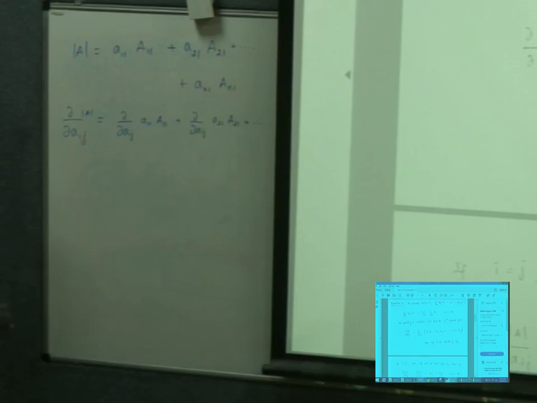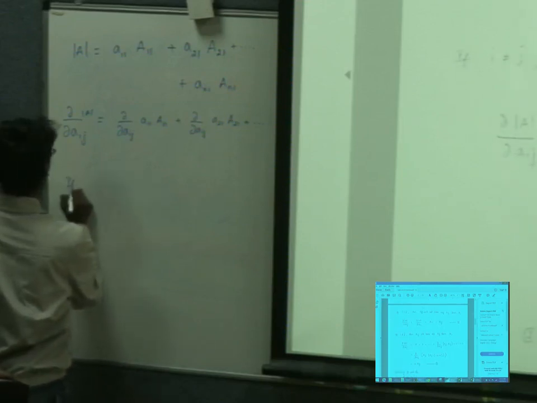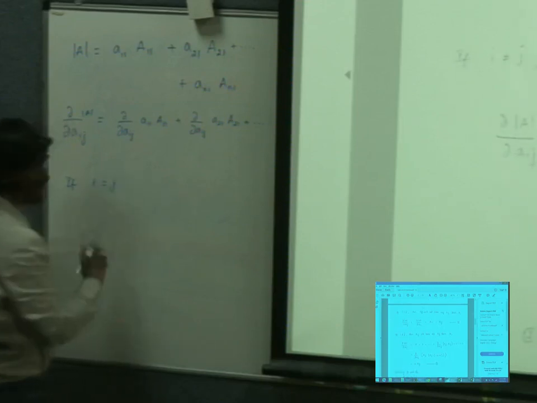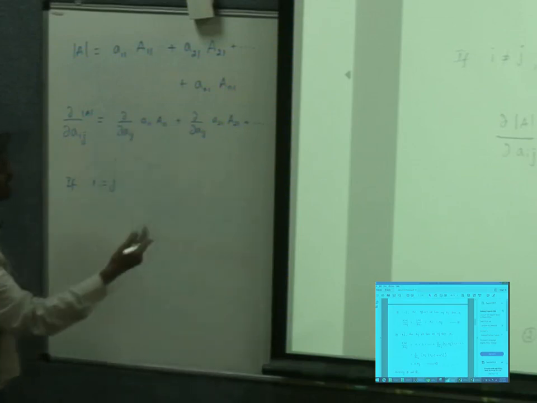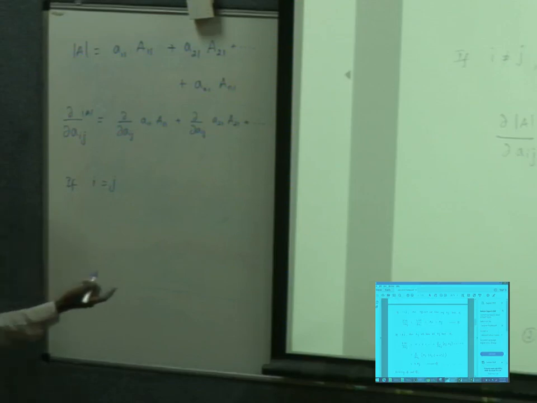Let's assume two cases. I'll tell you why these two cases are required. Let's assume i and j are equal, which means when you calculate the determinant, only one of the diagonal terms will come into the picture.